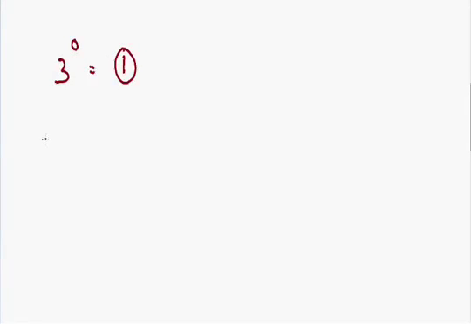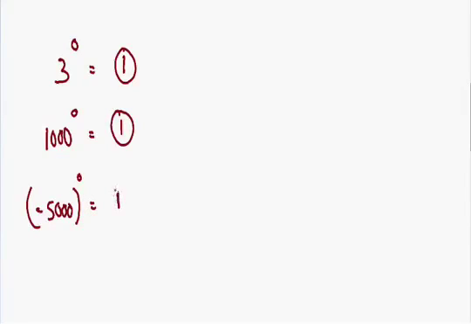Let's say we had the number 1000 with a 0 exponent. 1000 raised to the 0 power is equal to 1. Let's say we had a negative 5000 with a 0 in the exponent. That is also equal to positive 1. Anything with a 0 in the exponent is going to be equal to 1. I think you get the idea of that by now.